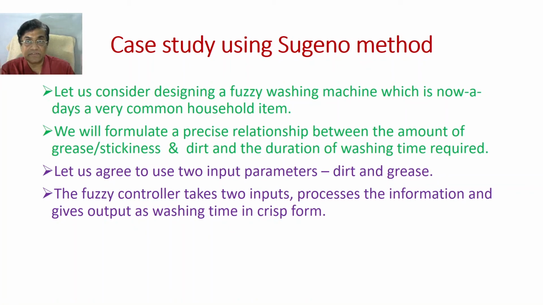But once the design is over, once the defuzzified value you got, so input and output are known to you, then those values in the form of a lookup table will be burnt into a fuzzy chip. So in the chip, nothing like design will be there, right? The result of the design will be there in the fuzzy chip, and then the fuzzy chip will control your washing machine. I believe the case study which we are going to take up is clear now.